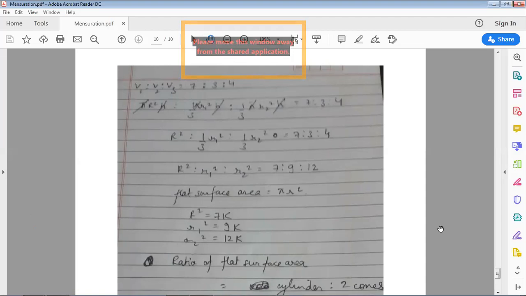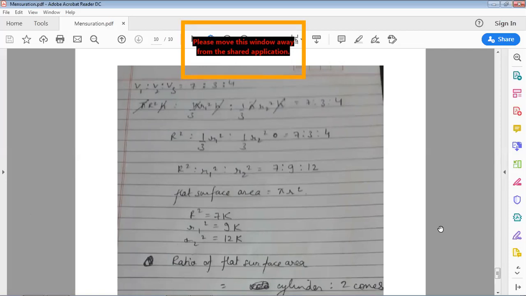I have solved this question with ratios because there is almost no calculation involved doing it by ratio. So this is also one of the tricks to solve mensuration questions by using ratios so as to avoid calculations and calculation mistakes.